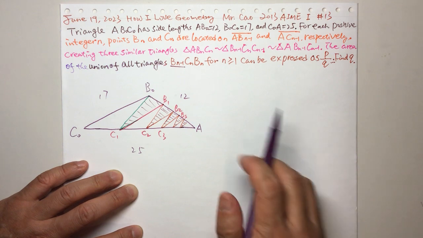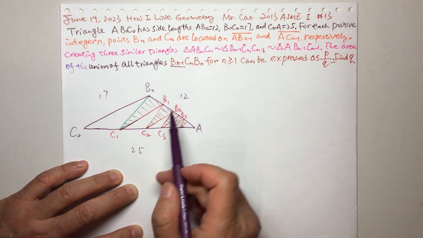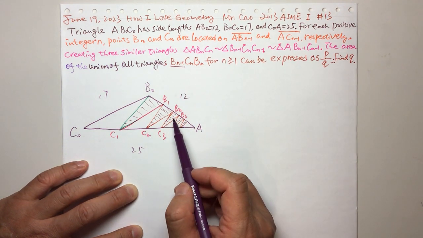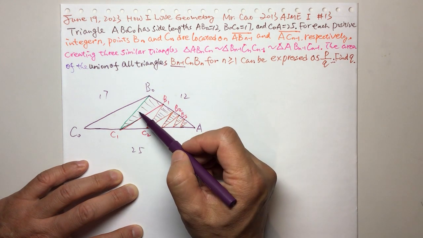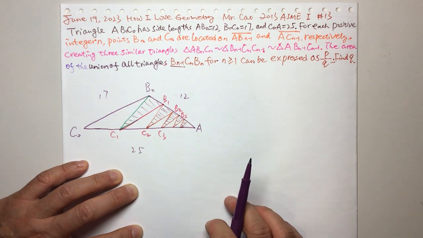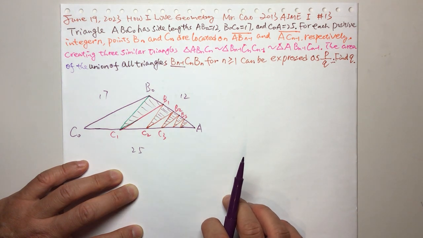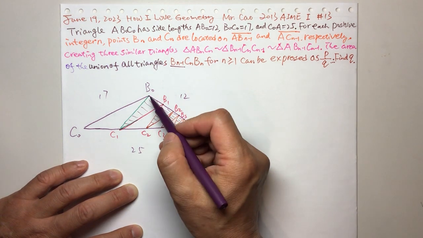And here we know they are similar triangles, so the areas form a geometric sequence, right? We want to find the sum of them, so we should find the common ratio. And how do we find the common ratio for this triangle?